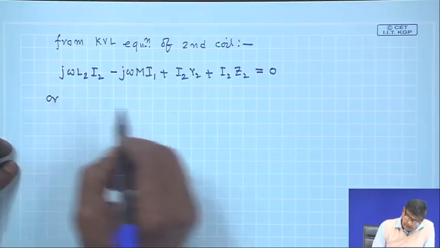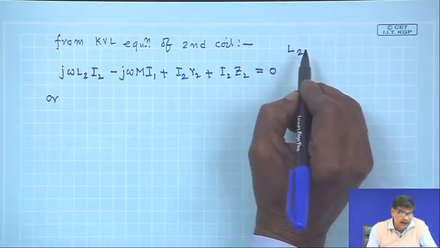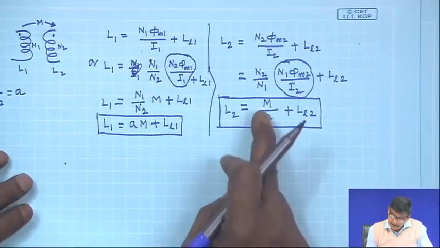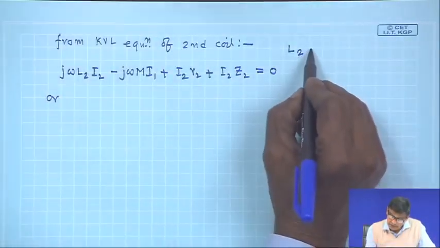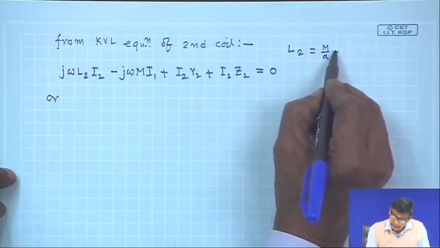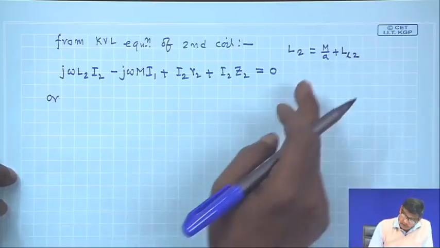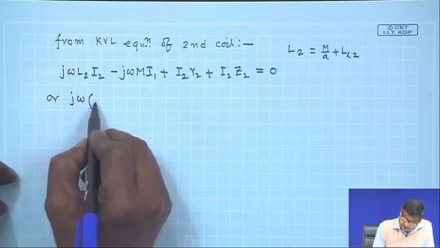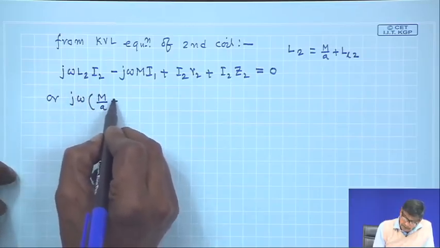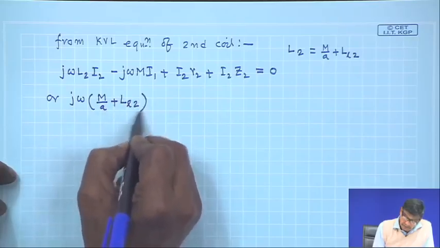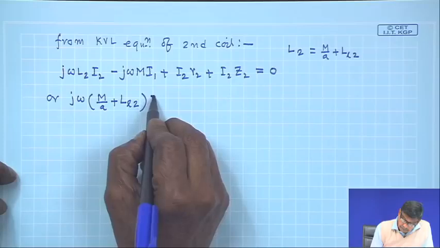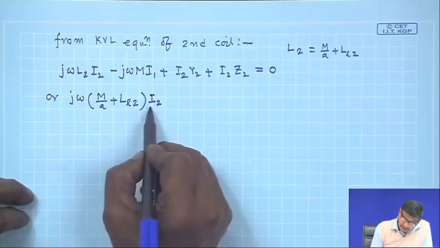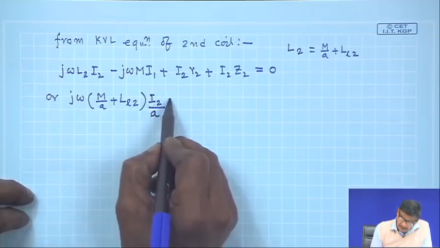Then what I am going to do is recall that L 2 is equal to M by a plus L L 2. That thing I will plug in for L 2 here, into I 2. Wherever I 2 is there, you do this thing: I 2 by a into a.